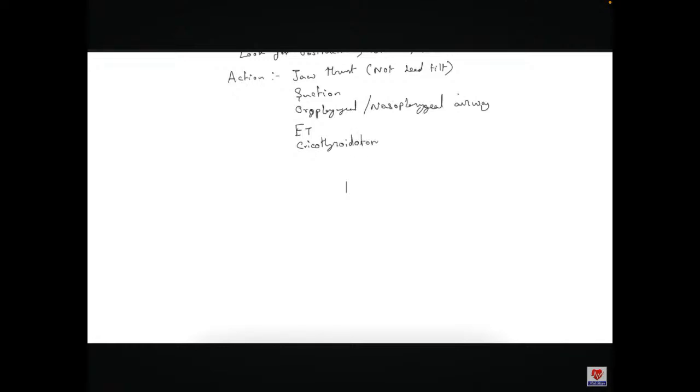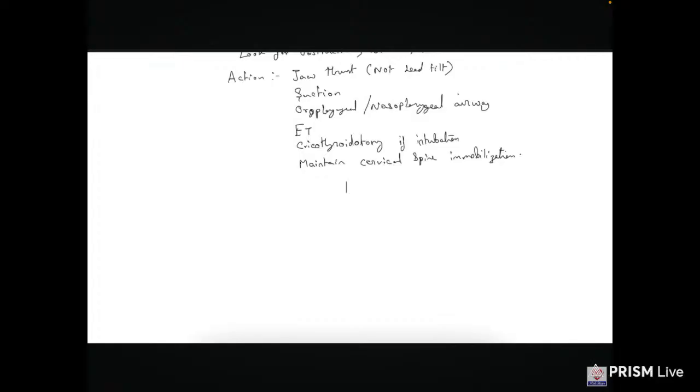Or cricothyrotomy we can do if intubation fails, and always we have to maintain cervical spine immobilization, because if mobilized, the spine or spinal cord can break down or fracture further, because the cervical side may already be fractured. So we have to always think about immobilization.